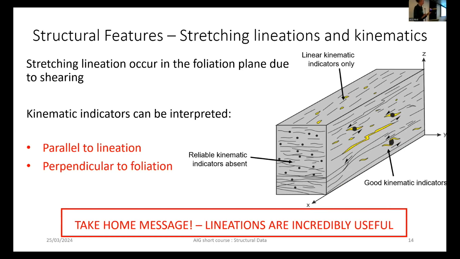So that large plane on the right is the one where you can do your dextral and sinistral kind of determinations. And don't worry, I'm not going to go into any more detail about this, but that's where you can do your dextral sinistral stuff. If you're doing it on any other surface, you're looking at the wrong surface and it's meaningless, right? So you need to see your stretching lineation. So very important features indeed.